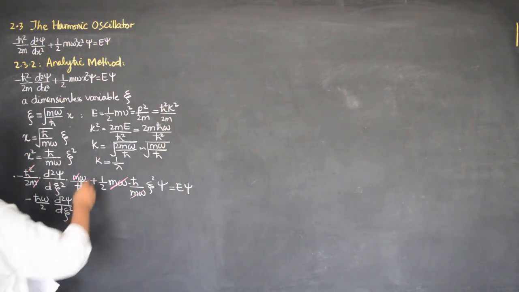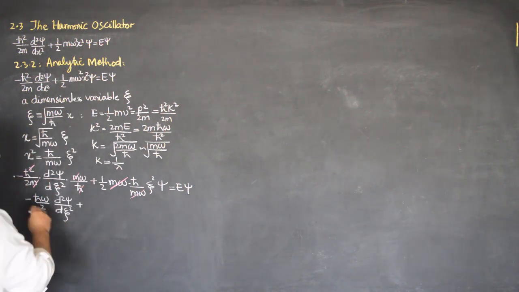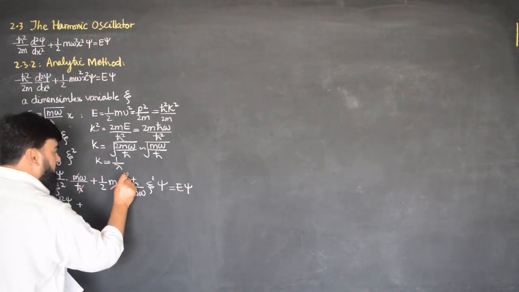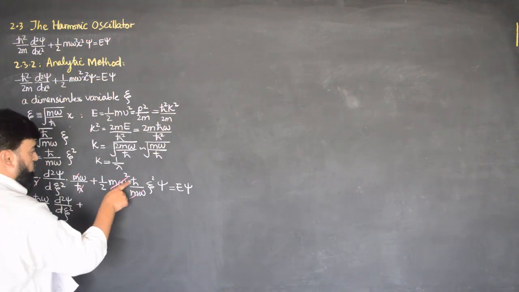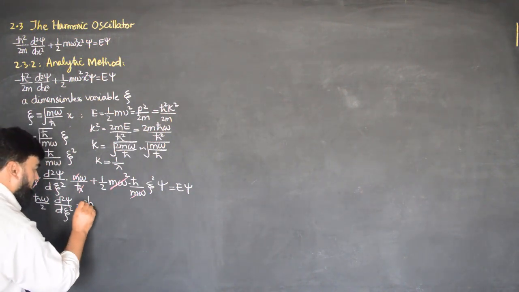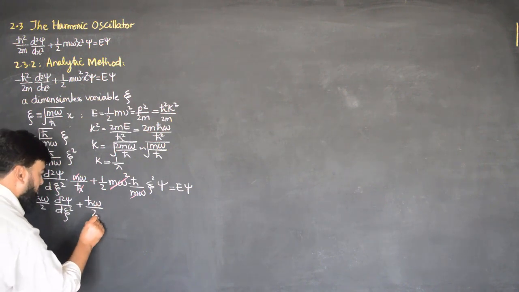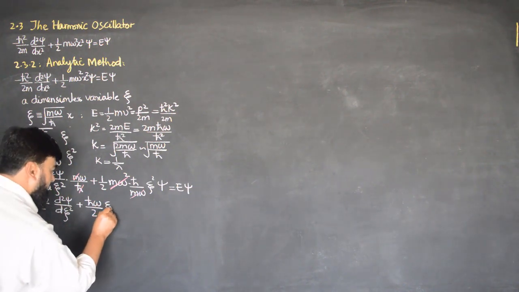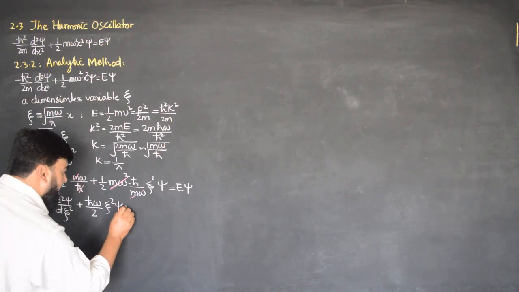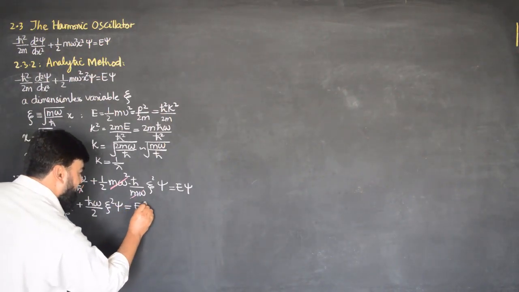Let me check it here. This is omega squared, so one omega will remain, and plus h bar omega over 2 here, times xi squared ψ equals Eψ.